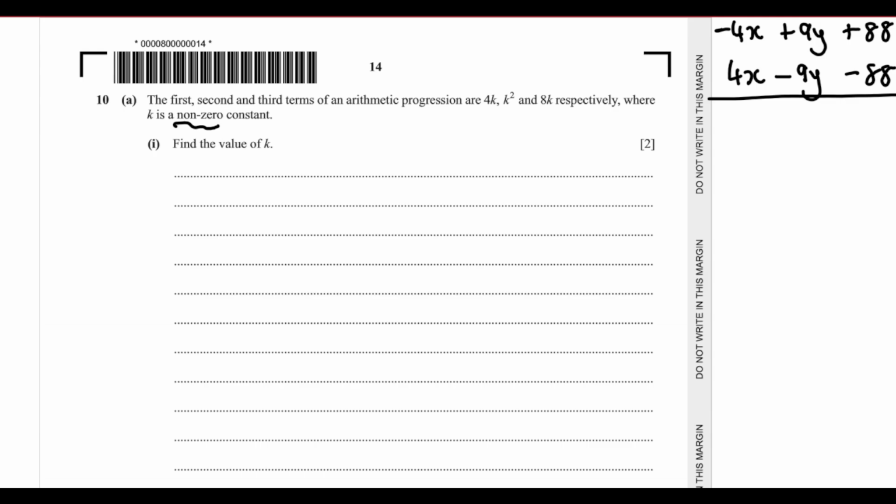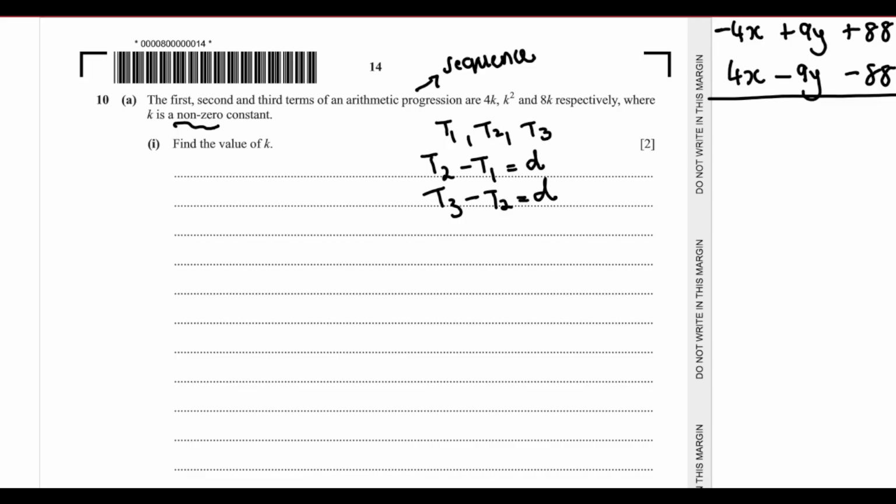Okay, an arithmetic progression or sequence has a common difference. So if I have term 1, term 2, term 3, if I take term 2 minus term 1, I will get d, the common difference, and term 3 minus term 2, I would get d.